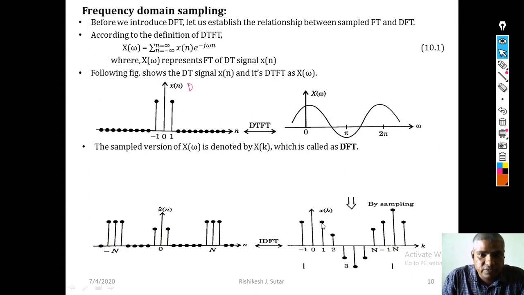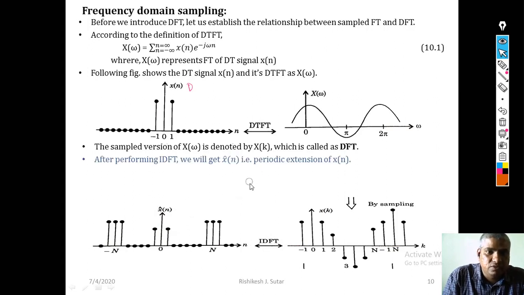And once I got this X of k, that is the sampled version of this frequency spectrum, then I can take the inverse DFT and get x cap of n. After performing the inverse DFT, what you will get is x cap of n, and you can see that this x cap of n and this x of n are not the same, while this x cap of n is nothing but the periodic extension of x of n.